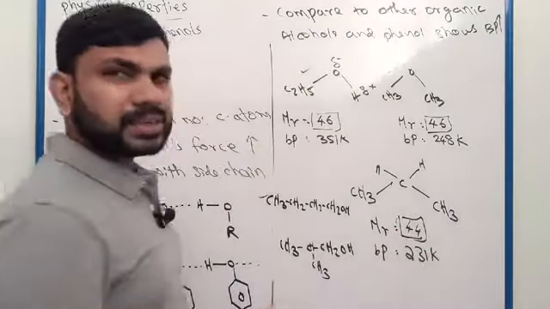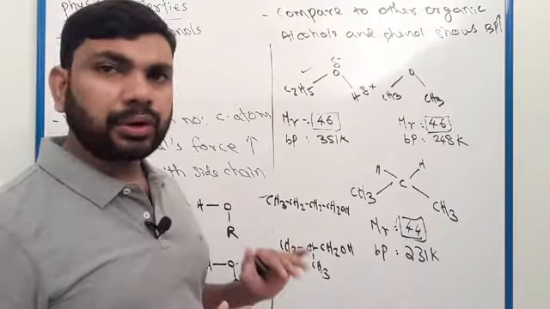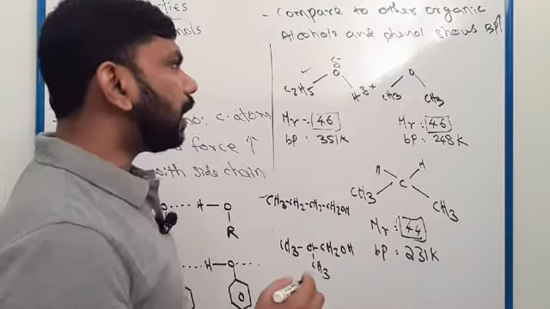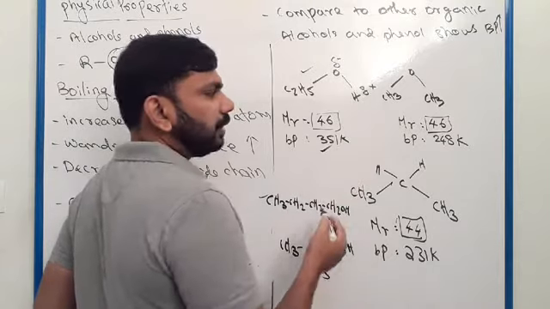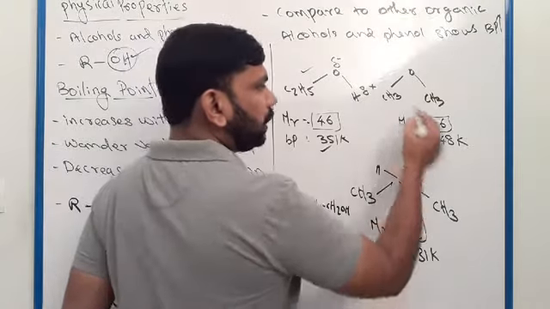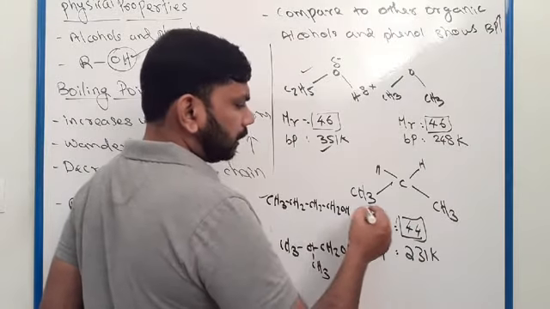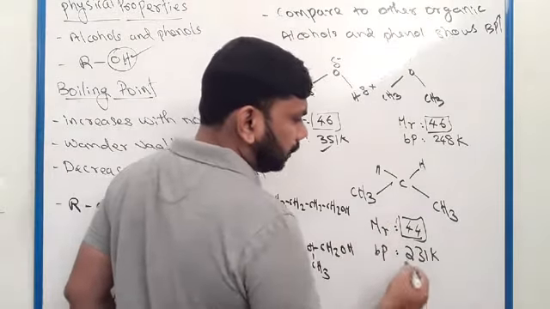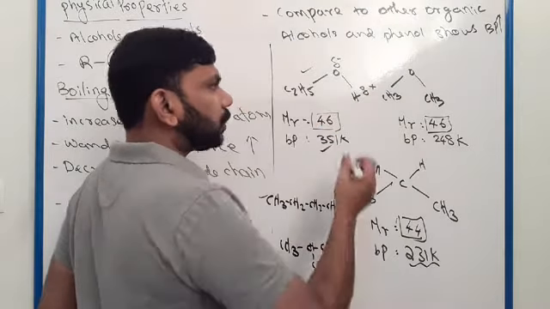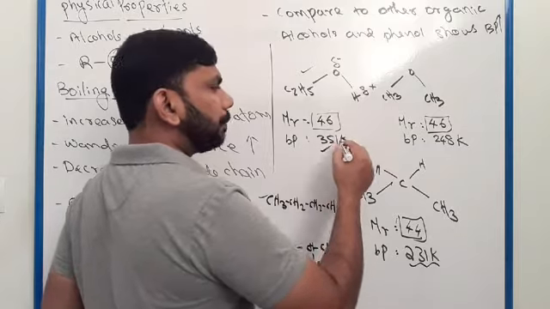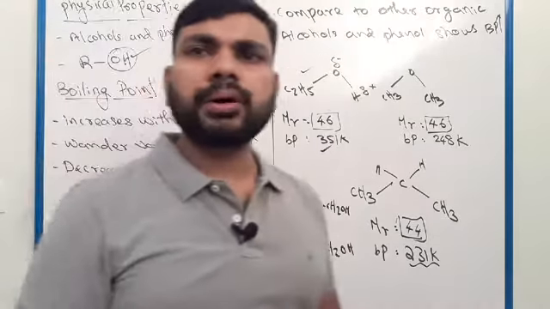They have almost similar molecular mass. But here alcohol shows higher boiling point, 351 Kelvin, compared to dimethyl ether at 248 Kelvin and propane at 231 Kelvin. So here alcohol shows higher boiling point, because here intermolecular hydrogen bond is possible.